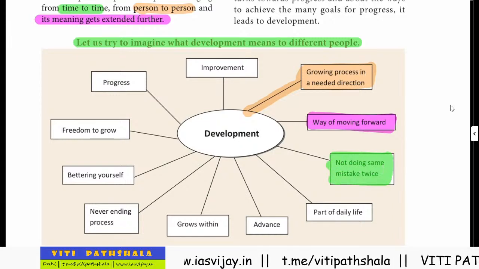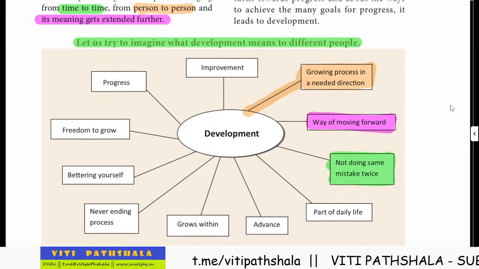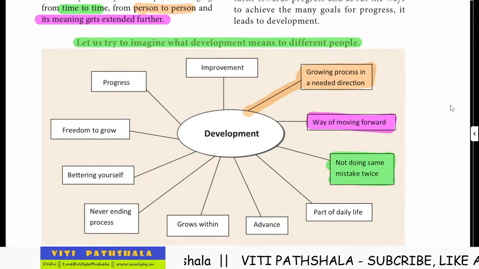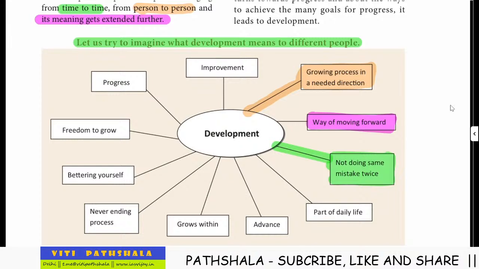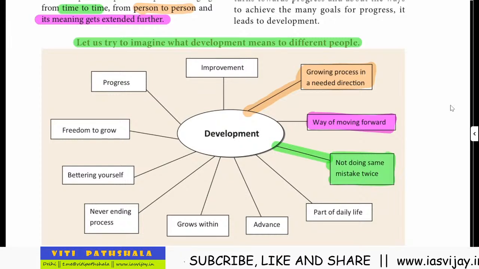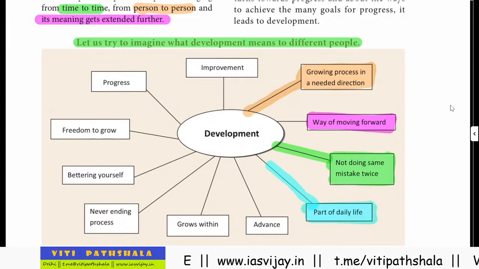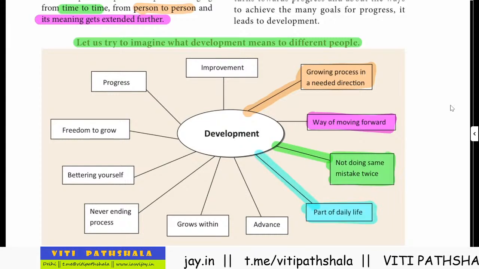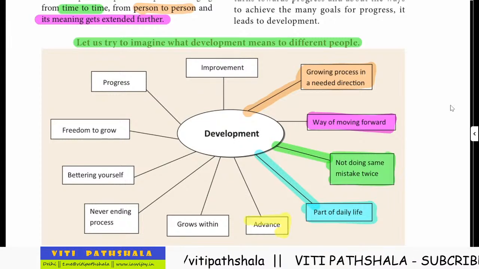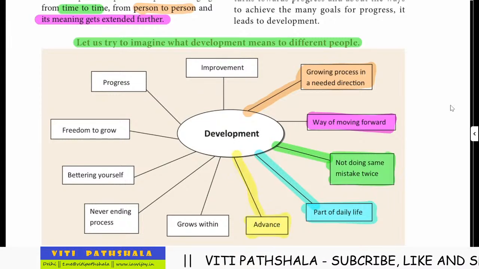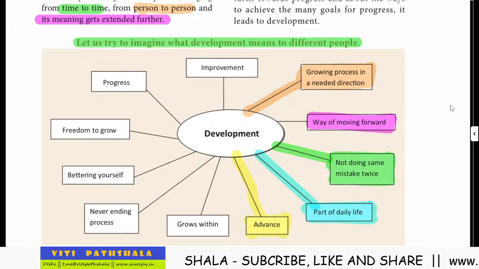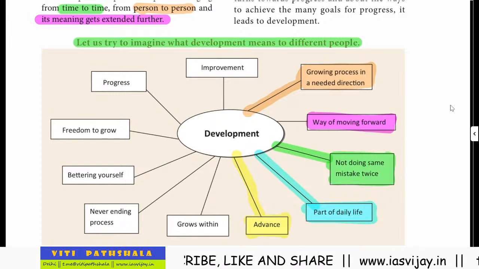For example, if you do not repeat your mistakes in the UPSC exam, it may also be a development for you. Then it may be a part of daily life. Daily you are developing. From the previous day to the next day, you see yourself advancing. Then technology is advancing, our society is advancing.